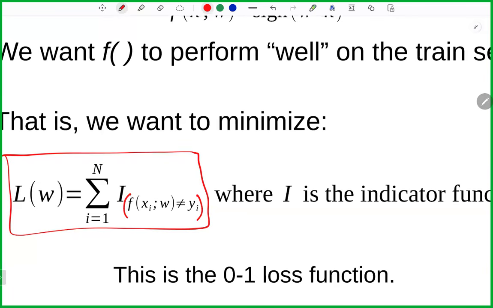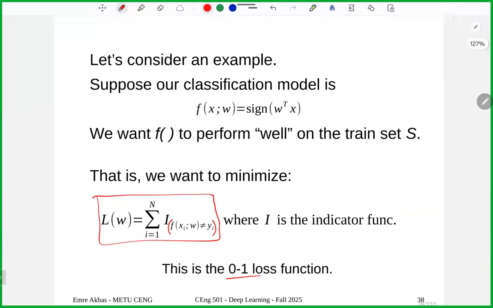The model's output, which is the predicted class, is not equal to yi, which is the ground truth label. If they are not equal, then this is an error. And we just count the number of errors on the training set. So this is the simplest loss. We count the wrong predictions, and that's it. That's why we call it the 0,1 loss.